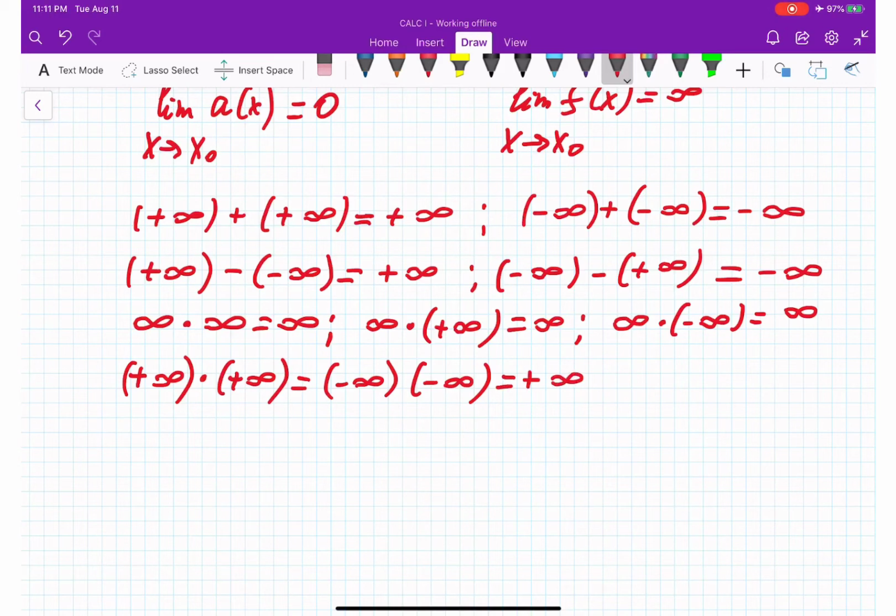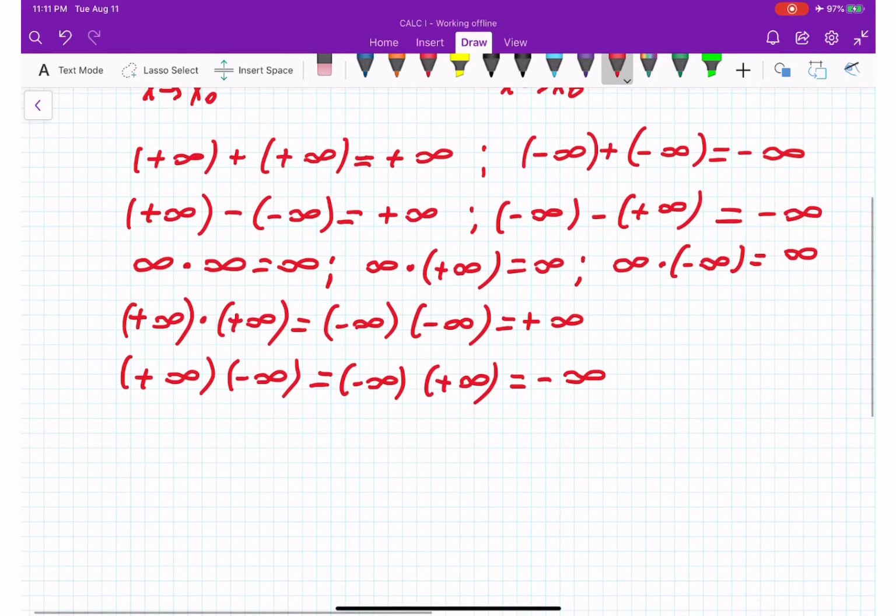Next, positive infinity times negative infinity is going to be equal to negative infinity times positive infinity, because negative times positive or positive times negative is going to be negative, in this case infinity. Infinity is a concept, it's not a number, obviously. But to understand these properties, you just take some example with a positive number, negative number.